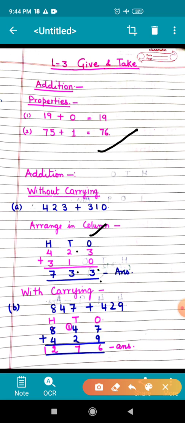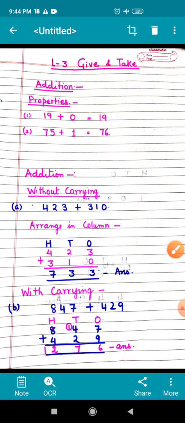If you add 1 to any number, the answer comes after the number, or the next number. So 2 and 1 comes 3, and 4 plus 3, 7. So this is addition without carrying, okay? Or you can say the sum of 423 and 310 is 733.